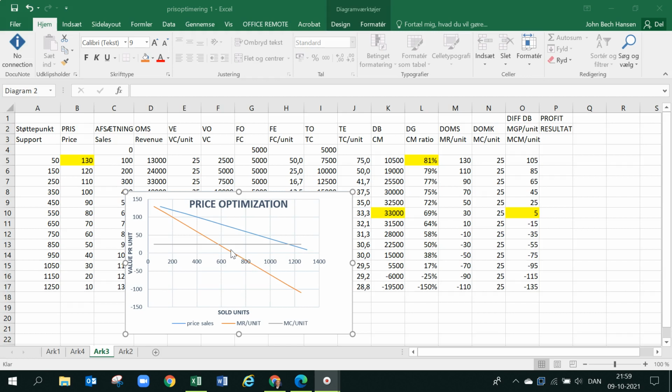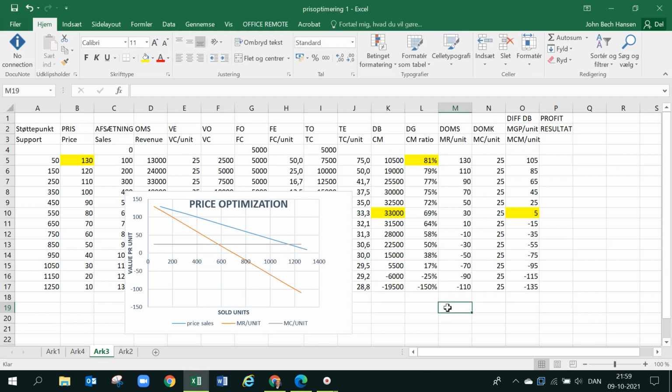So the intersection point, where they have the same y value, is what we're looking for. We have the equation of the marginal cost. That's quite easy, because in this case it will always be 25 at any value of x.